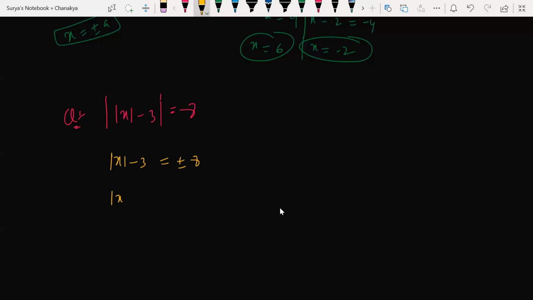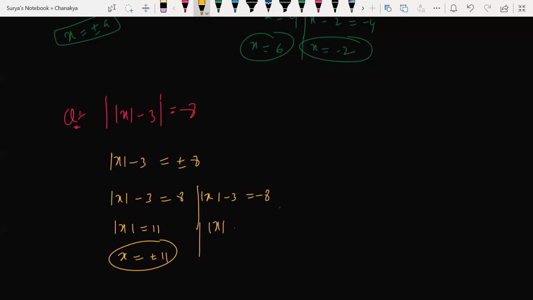So modulus of x minus 3 is equal to plus 8, and modulus of x minus 3 is equal to minus 8. So modulus of x is equal to 11. x is equal to what? Plus or minus 11. Very simple. Modulus of x is equal to minus 5.